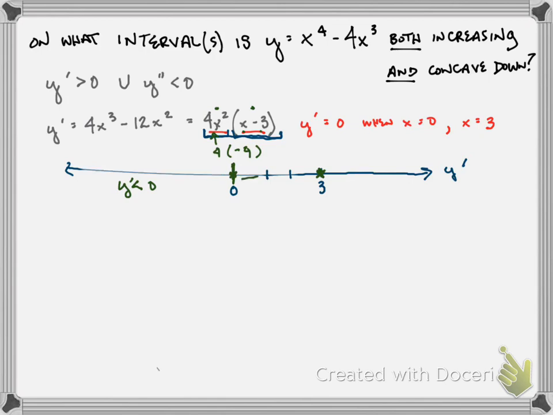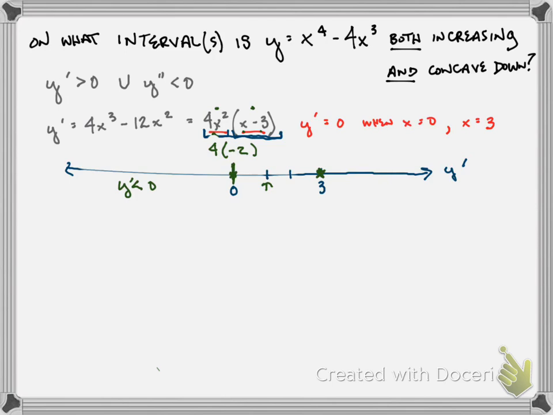Now let's test on this interval. I'm going to pick a number between 0 and 3. I'll choose 1 and put 1 in. When I put 1 in this time, I get 4 times 1 squared, that's 4, times 1 minus 3 is -2.